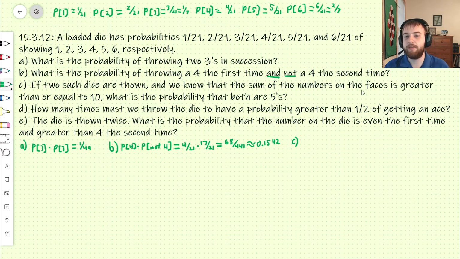We know that the sum of the numbers on the faces is greater than or equal to 10. That's conditional probability, meaning that there's a situation that's already occurred, or there's something we already know about the result, which ends up influencing what the actual probability of the event in question is.